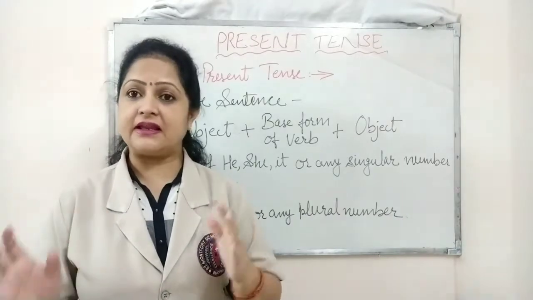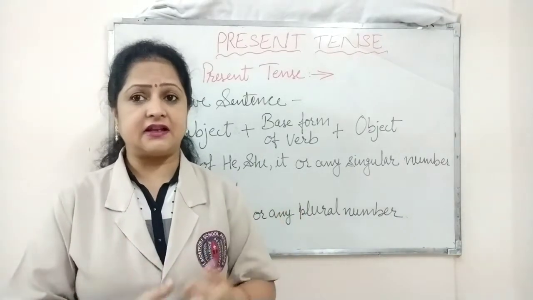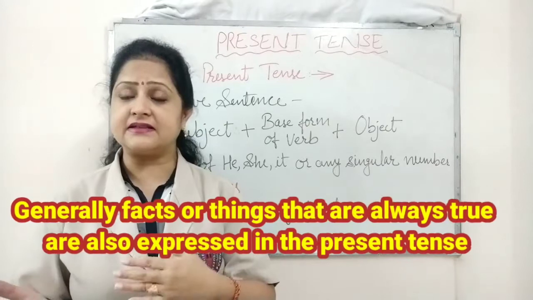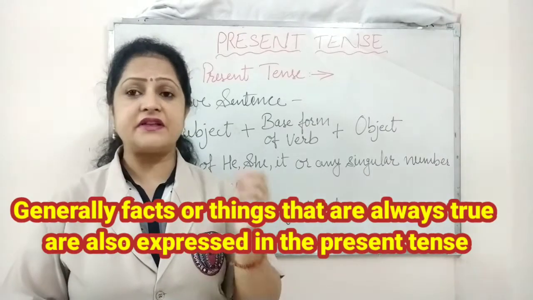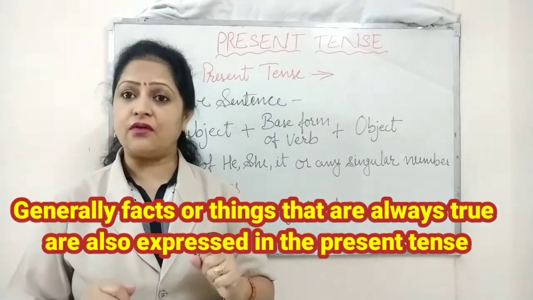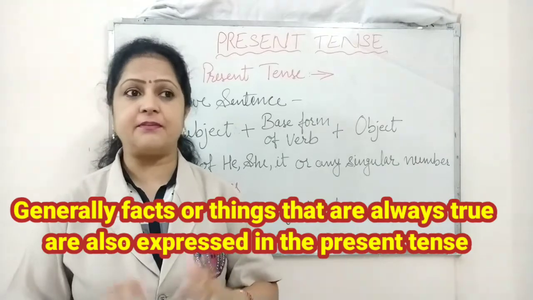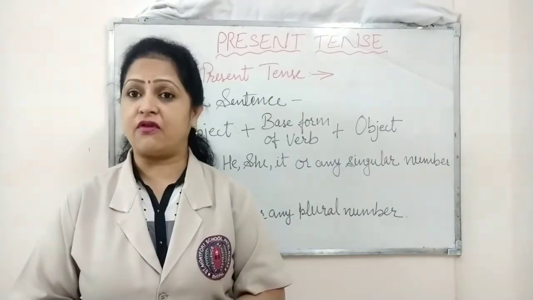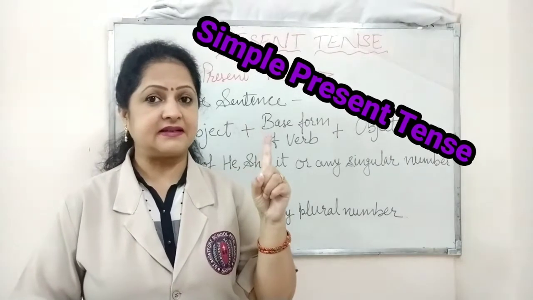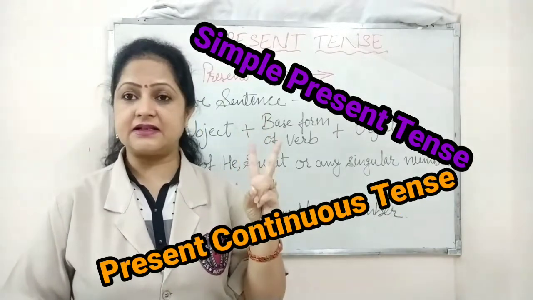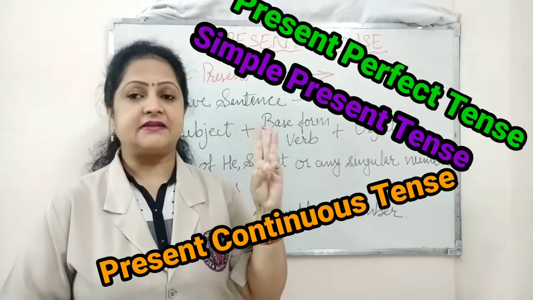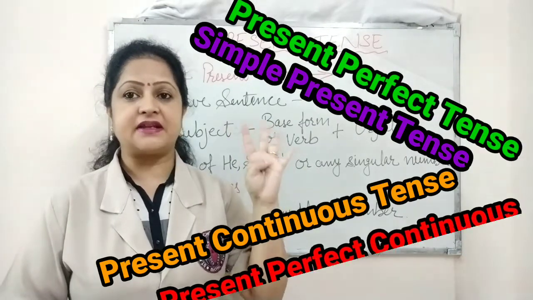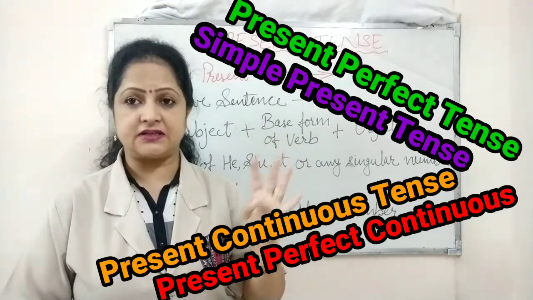Not only that, but generally facts or things that are always true are also expressed in the present time. The present tense has four forms: simple present tense, present continuous tense, present perfect tense, and present perfect continuous tense.